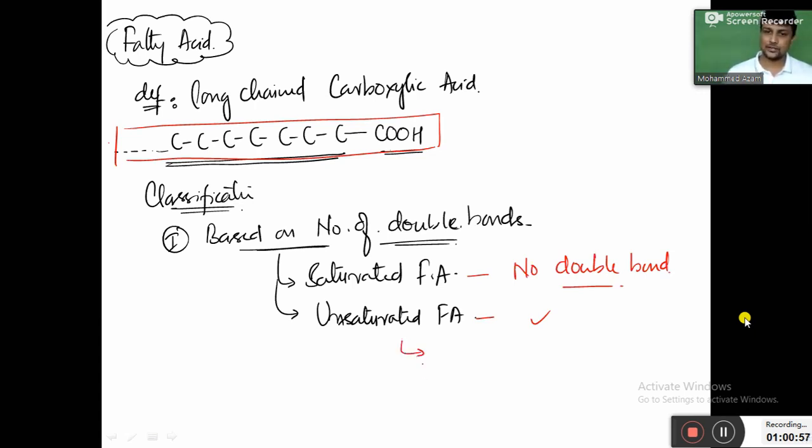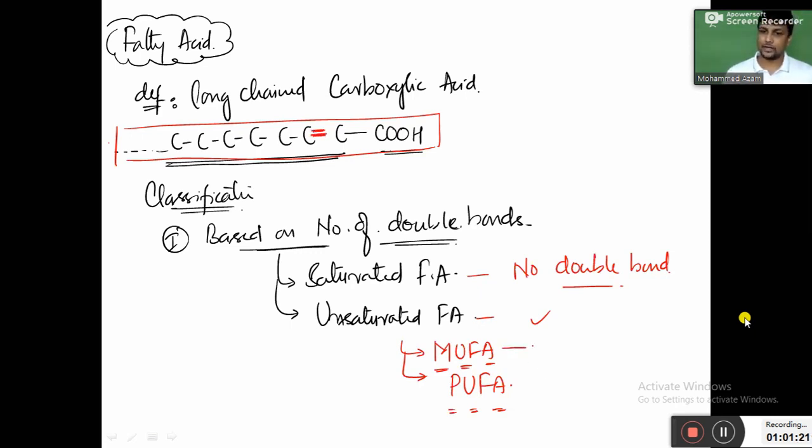And that unsaturated fatty acid is again divided into two categories, guys. One will be MUFA, another one will be PUFA. Now what is this MUFA and PUFA? Mono unsaturated fatty acid, poly unsaturated fatty acid. From the name itself you can understand the meaning of mono unsaturated: it is having only one double bond somewhere in the middle.